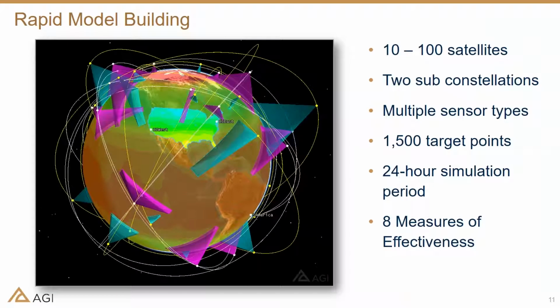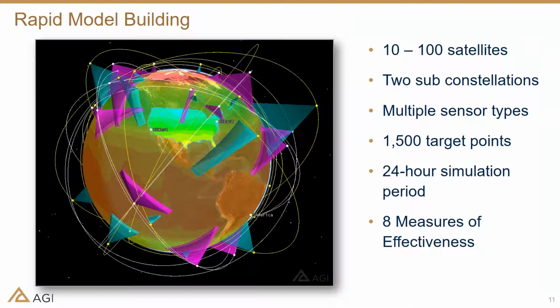So from a modeling perspective, here's where we want to end up. This is a graphical illustration of a complex constellation that consists of cooperative interaction between satellites in two different orbit regimes. Each of the satellites has a primary mission sensor, and we're going to be looking, as I mentioned, at two areas of interest, the global area and a specific target of higher priority.